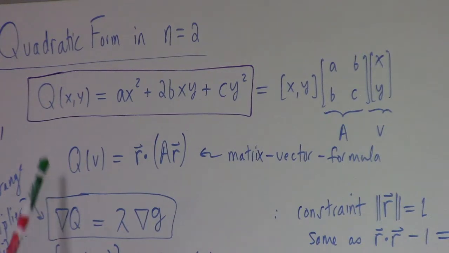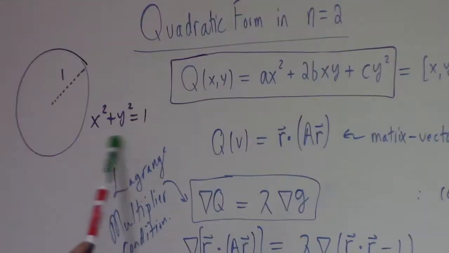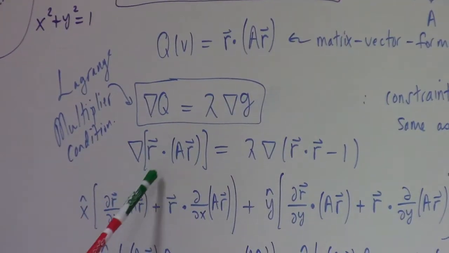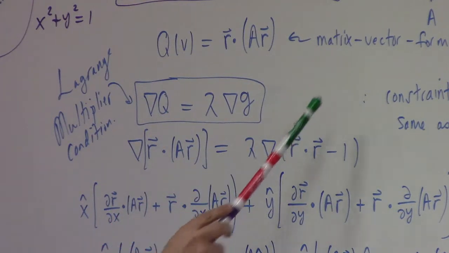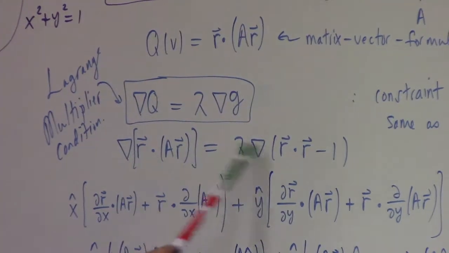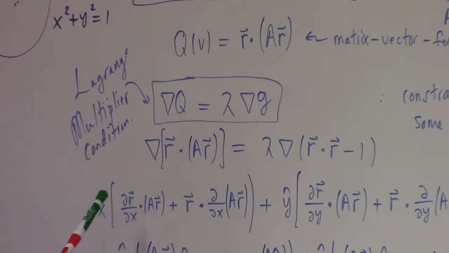Now, if I look at the Lagrange multiplier condition, that would be the gradient of the quadratic form, gradient of q, is equal to lambda times the gradient of g, where g is the unit circle equation, right? Now, when I write that out in terms of dot products of r and Ar, where r is just the vector xy, it looks like this. Now, at this point, I realized I need some little identities to work through this.